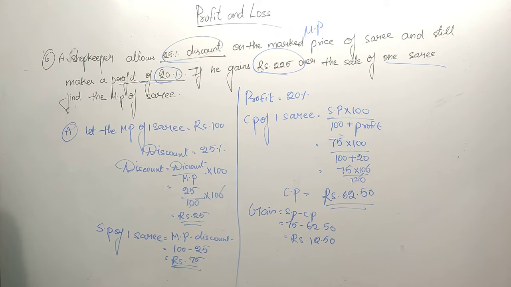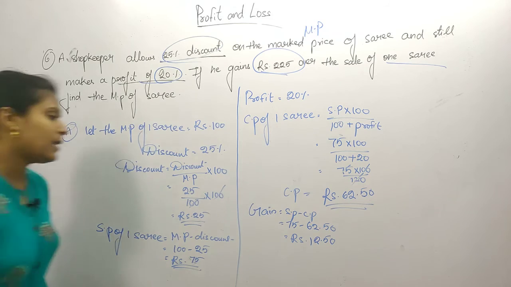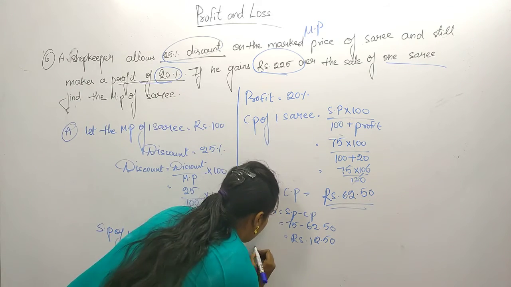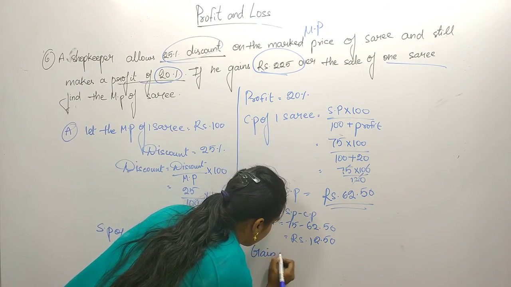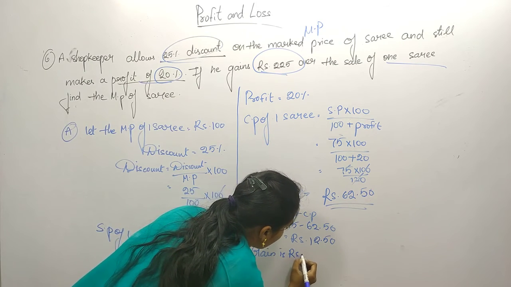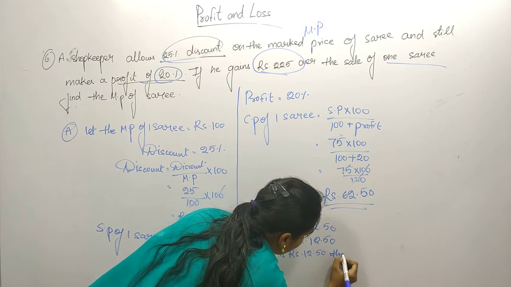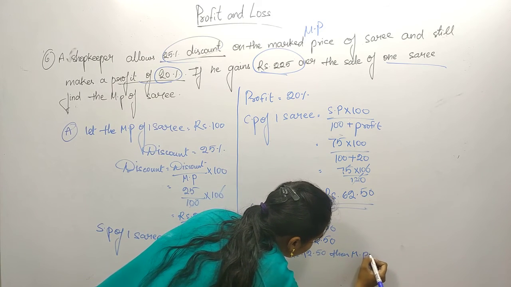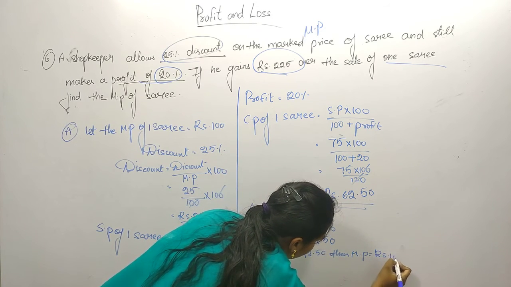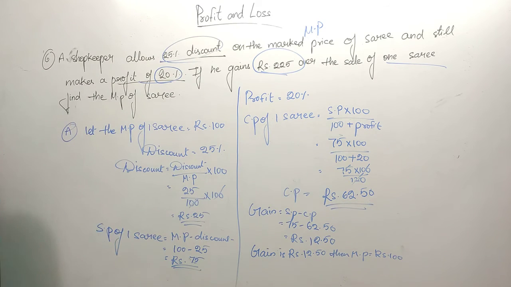Now what do we have to do? Gain is rupees this much. Then what will the market price be? Rupees 100. Gain is rupees 12.50, then market price is equal to rupees 100. Then we have to find the gain. How much gain did we get here? Rupees 1. Then let's find the market price.